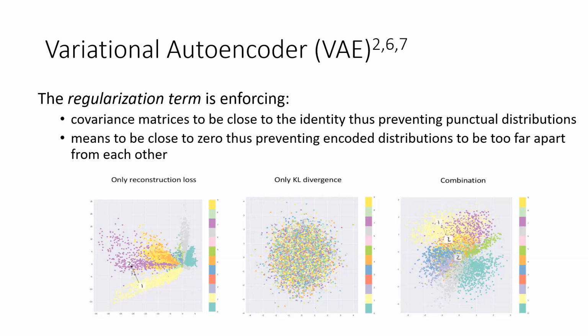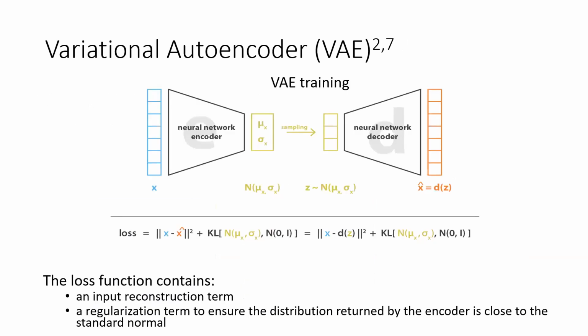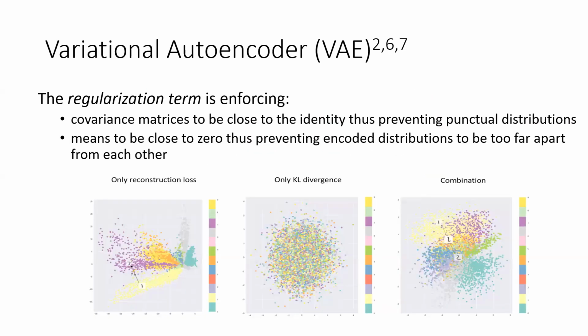Now, as we said, if we do not use this second part, the regularization part, which constrains the distribution to have specific behaviors, the neural network is not constrained and can learn any form.